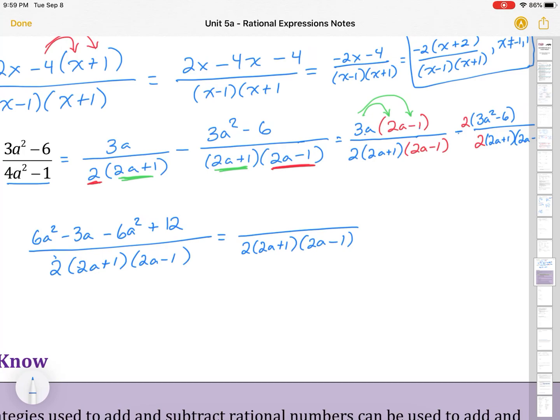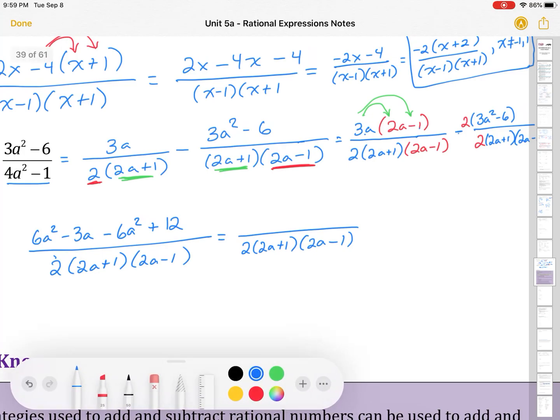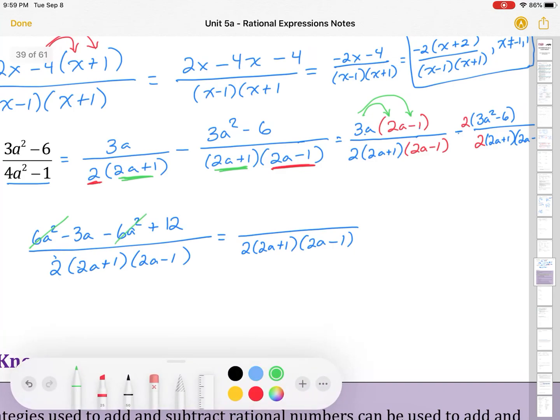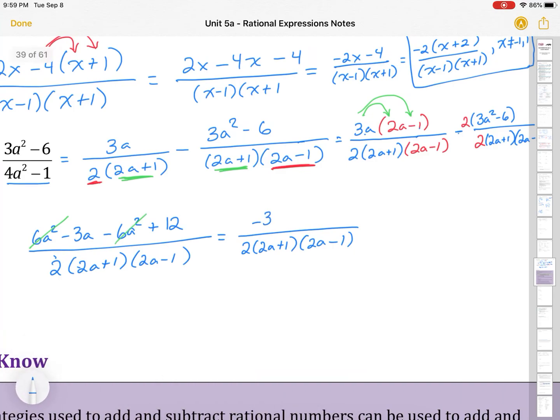We have a 6a squared minus a 6a squared, so they are going to subtract out, and what I'm left with is minus 3a plus 12. Now I can still factor that. I can take out a negative 3, and I'm going to get a minus 4, all over 2 times 2a plus 1 times 2a minus 1. I'm sorry, it's not prettier.